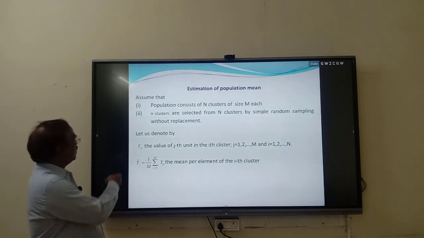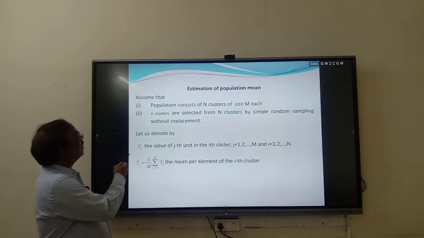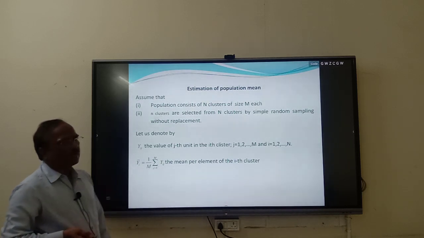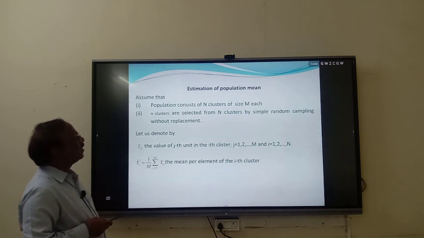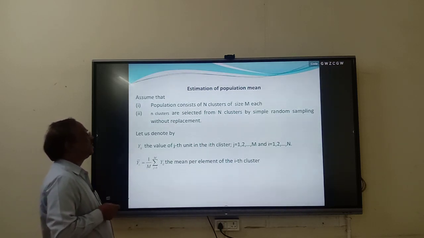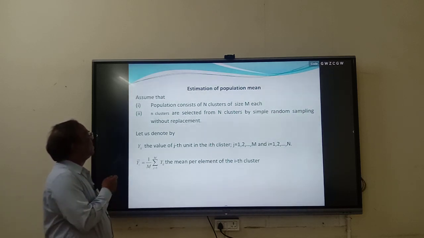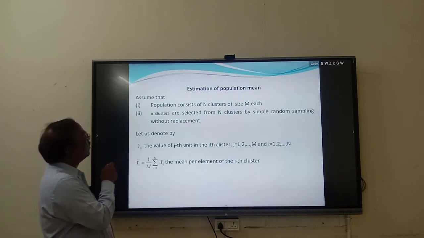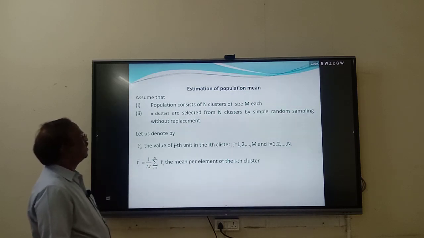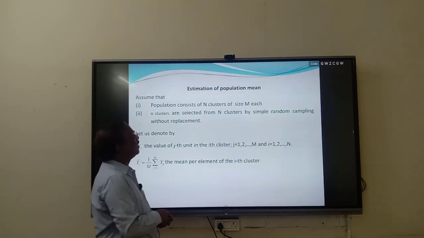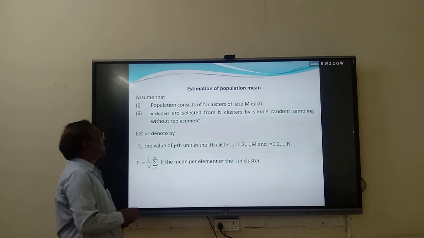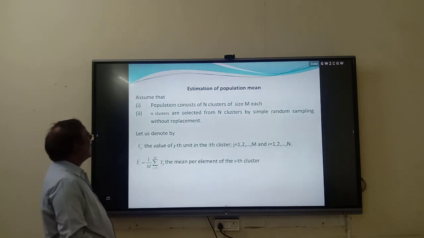Now there are some assumptions. The assumption is that the population consists of N clusters of size M. That is, the population is finite, and we are selecting small n clusters from capital N clusters by simple random sampling without replacement.